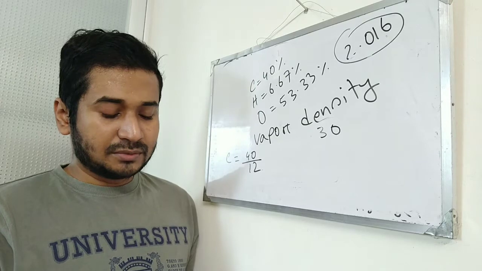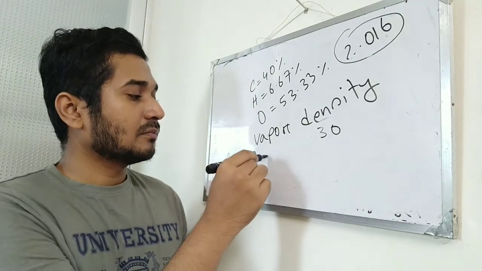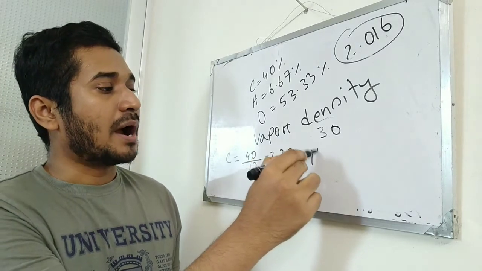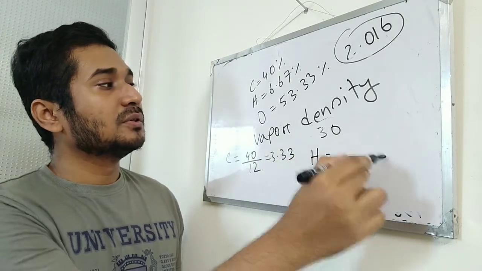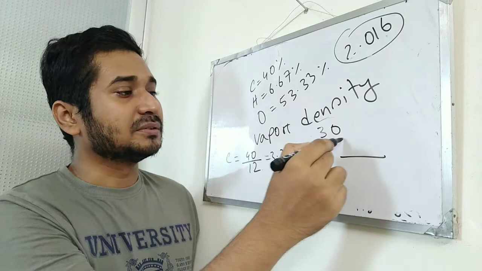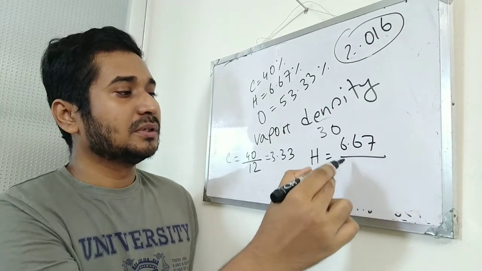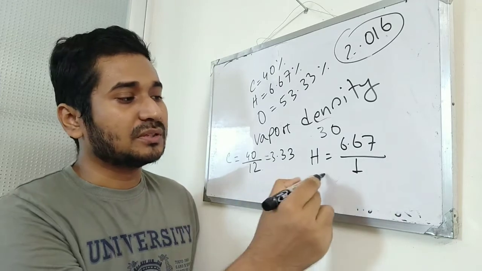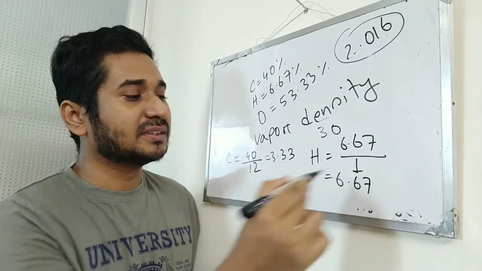So there will be 3.33. Hydrogen is 6.67, you can divide by 1, almost 1, so again the result is 6.67.